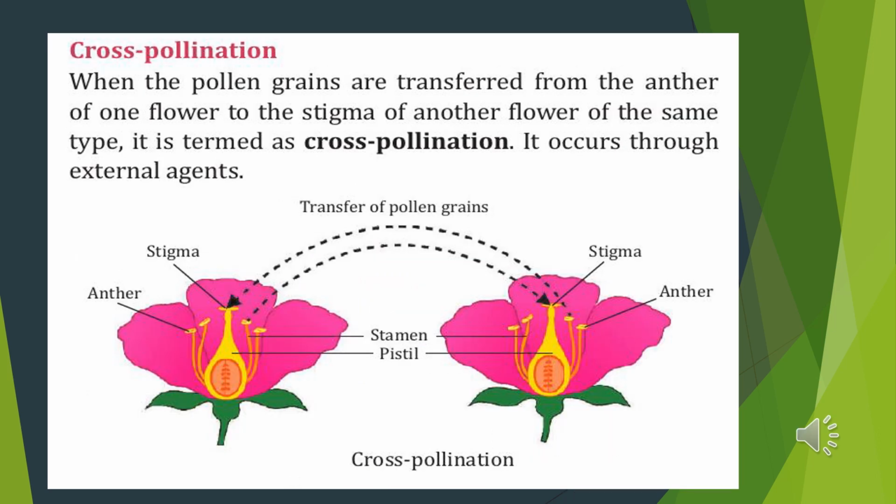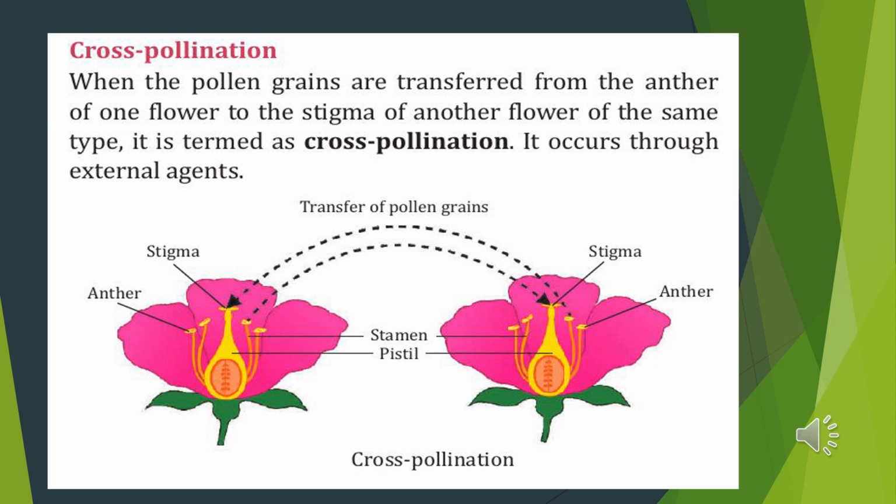Cross-pollination. When the pollen grains are transferred from the anther of one flower to the stigma of another flower of the same type, it is termed as cross-pollination. It occurs through external agents. Just now we discussed self-pollination occurs naturally and there will be no need of agents.